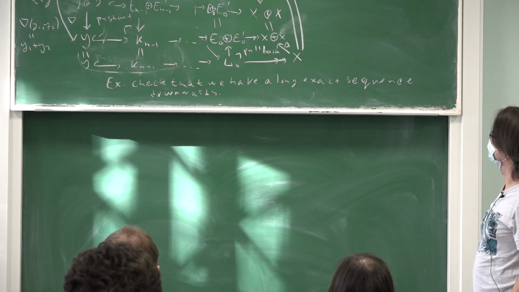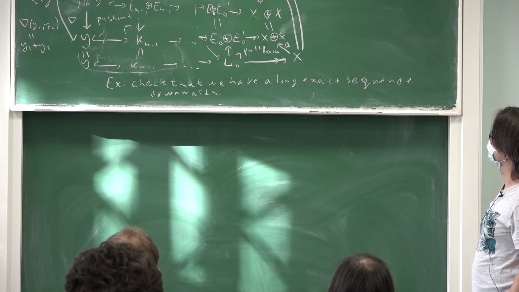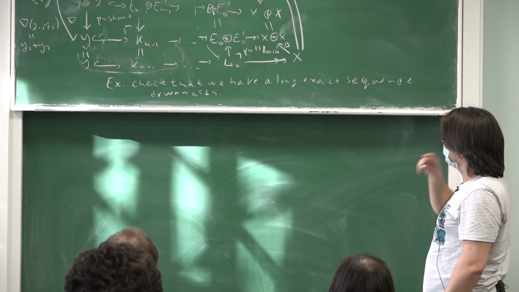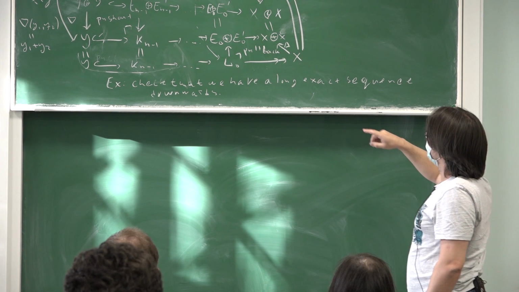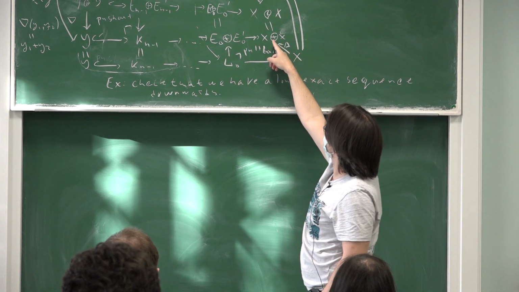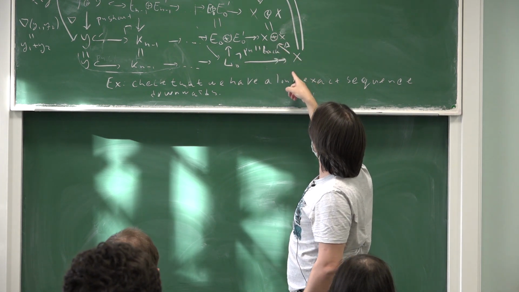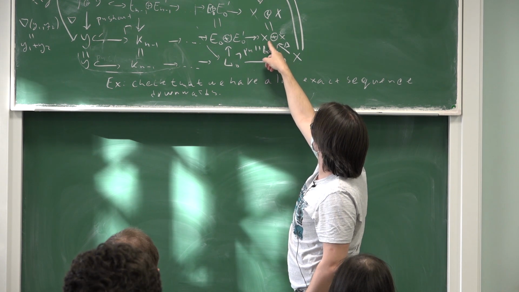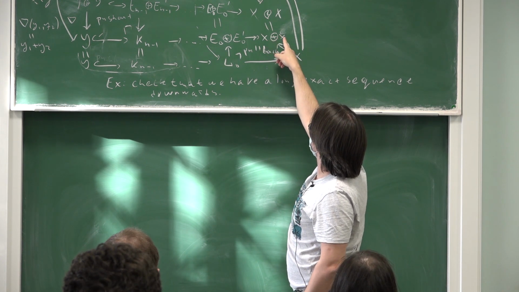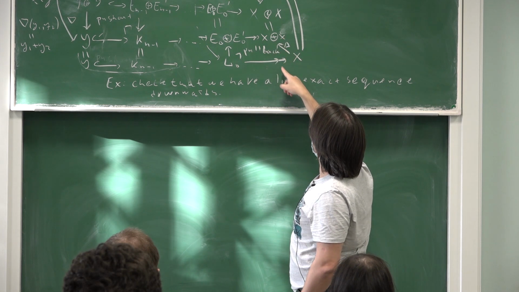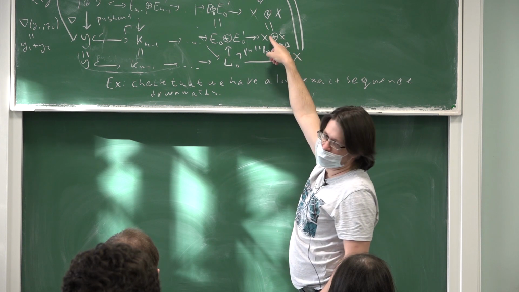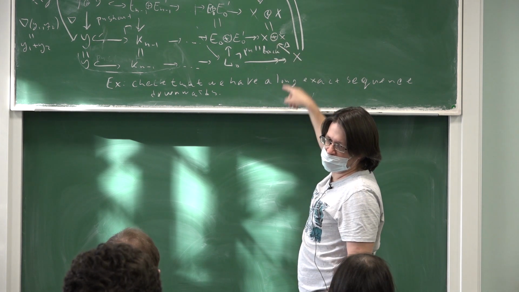Because there we will have a map from X plus X to Qn, which sends (x, y) to f of x plus g of y, and when we compose with delta, we get a map f plus g.